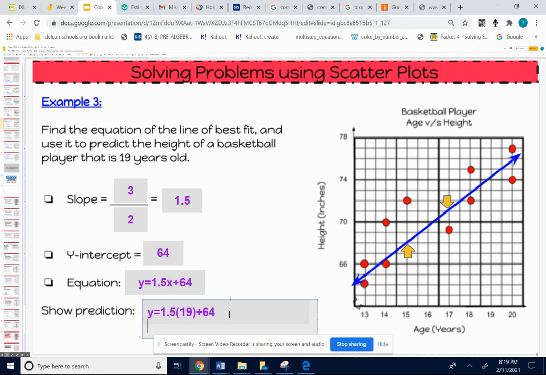Just multiply first. 1.5 times 19 is 28.5. If you add that to 64, I'm using a calculator, you can do the same, I'm getting about 92.5 inches.